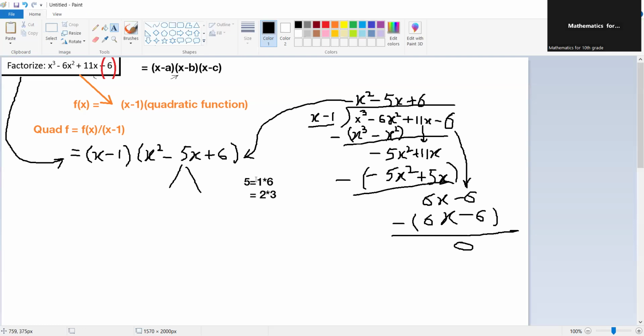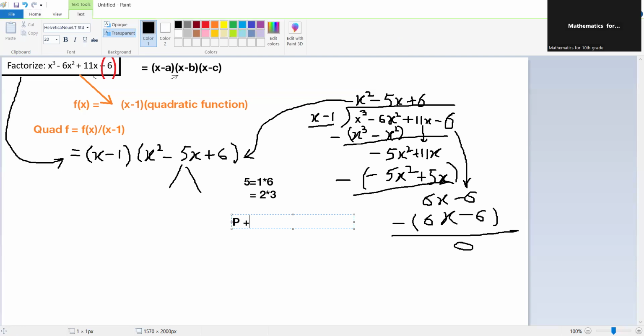Because the product is positive and the sum is negative, that is only possible if both factors are negative.